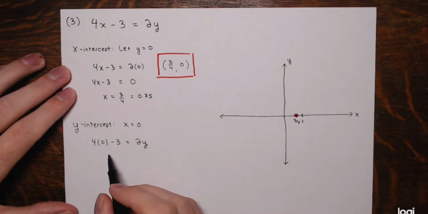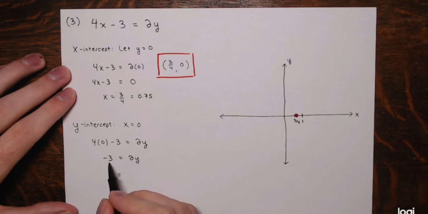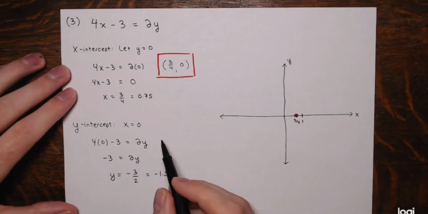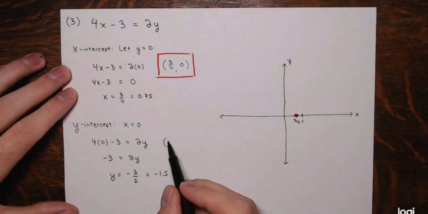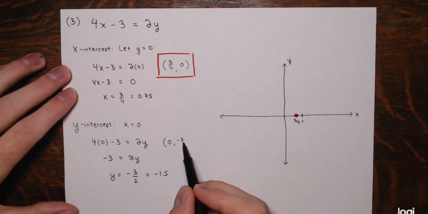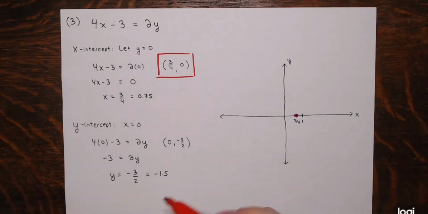This left side is just negative 3, right? 0 minus 3 equals 2y, and then y would be equal to negative 3 divided by 2. Right? You got to divide by 2 to get the y alone, which is negative 1.5 as a decimal, but so the y-intercept has an x-coordinate of 0, right, and a y-coordinate of negative 3/2 or negative 1.5.